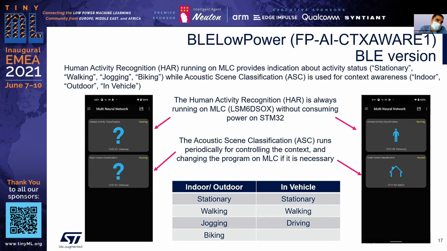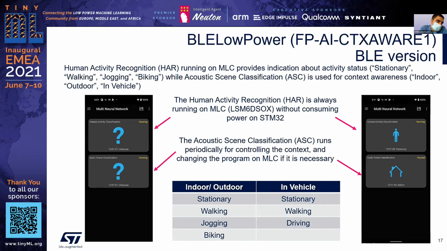For this bytecode, we can have four different output states for the activity recognition: stationary, walking, jogging, and biking. Instead, we have another bytecode for the in-vehicle use case. In this case, the bytecode foresees three different output states: stationary, walking, and driving.